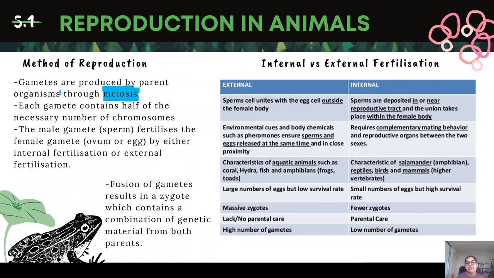So what happens is, normal healthy people have 46 chromosomes in normal body cells.